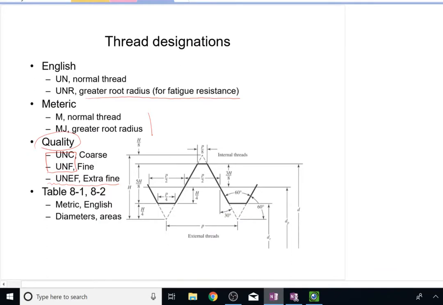I would say figure 8.3 is for power screws. And maybe some of you have seen power screws in the basement of an older home here in Cleveland, holding up one of the structural joists.